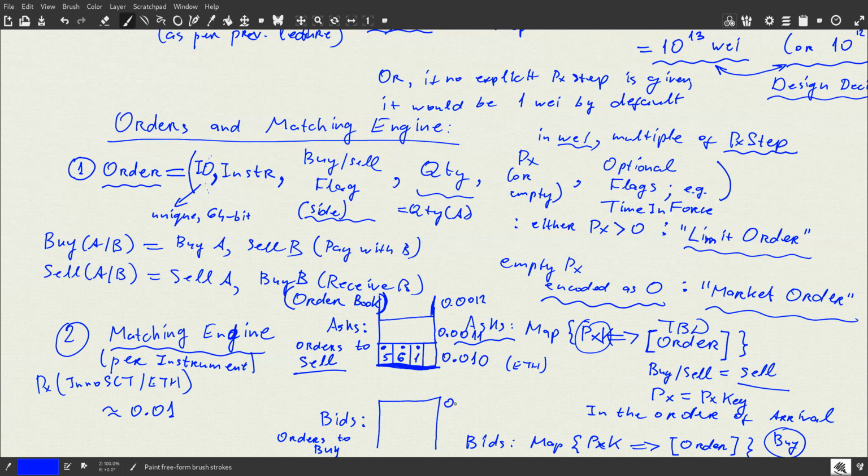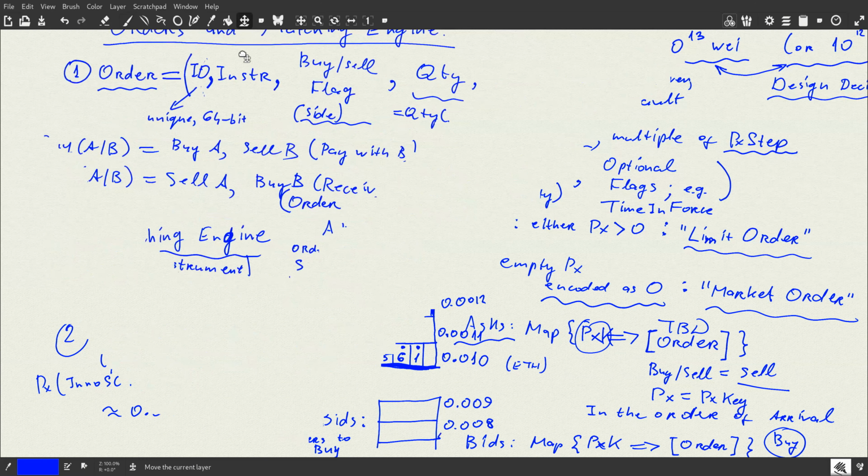Here we have 0.01, obviously, instead of 1, we would have 0.009, 0.008, and so on. So what I have depicted here is a static order book in which nothing happens.